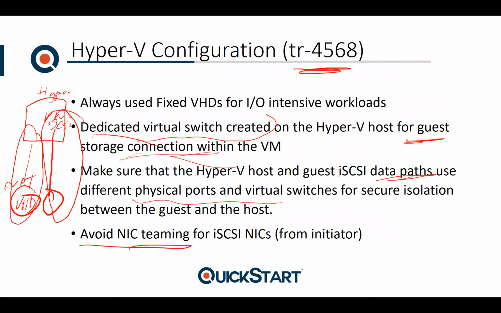I can still do optimization and a NIC teaming-like configuration on the storage end by creating virtual interfaces. That's not what we're saying. What we're saying is, from the initiator's point of view, we're not going to team the NICs together. We're just going to assign to the individual ports, basically.